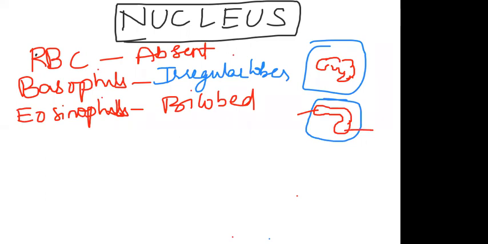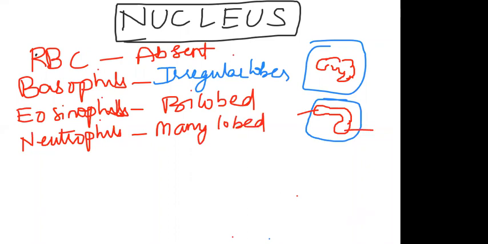In case of neutrophils, many lobes, about 2 to 5 lobes are present. If only 2 lobes are present, we can say that is an eosinophil. If the lobes are irregular, we can call that basophils.